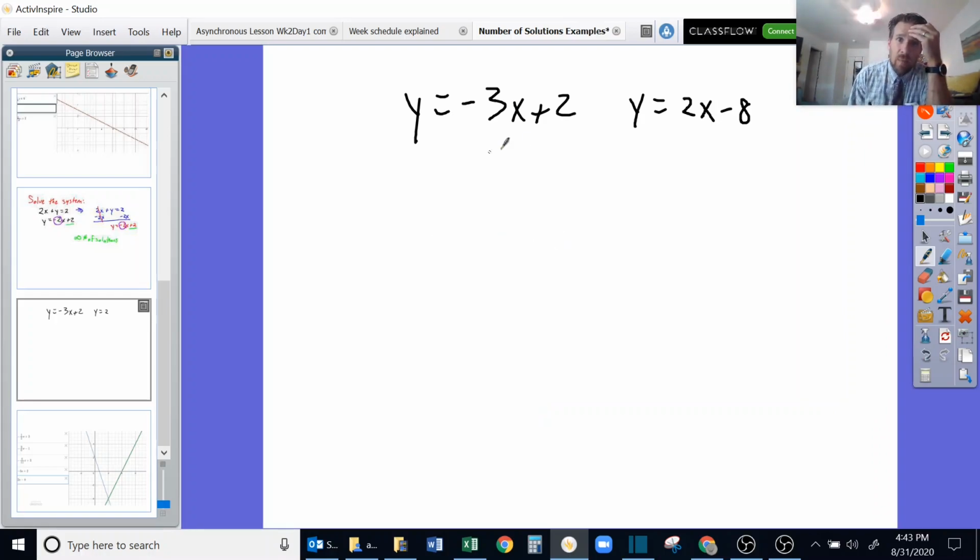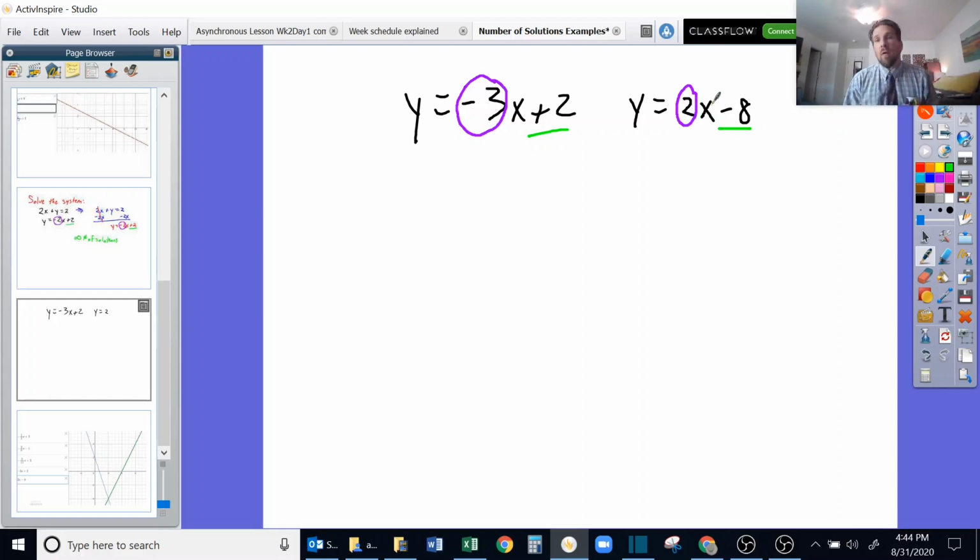When I see this system, I say, well, this equation y equals negative 3x plus 2 has a slope of negative 3 and a y-intercept of 2. And this has a slope of 2 and a y-intercept of 8.